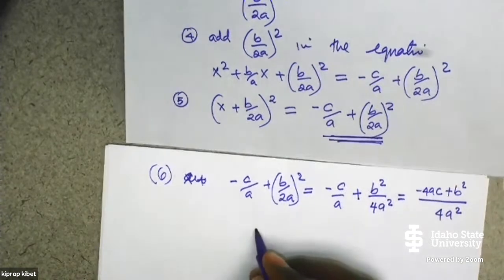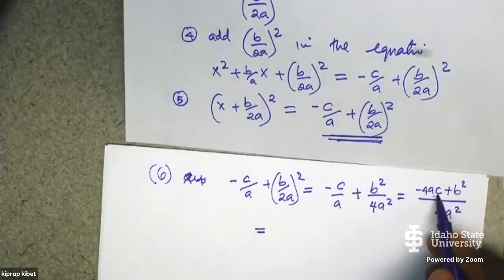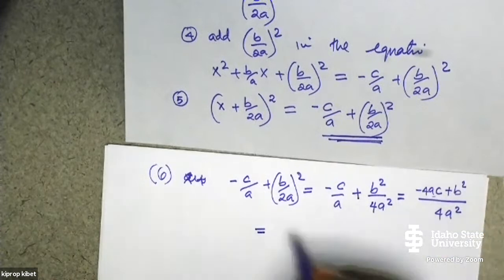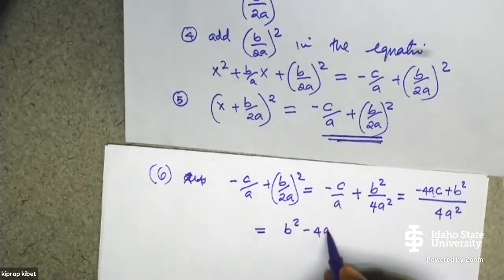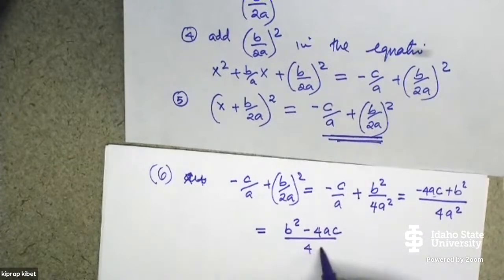So this can be written as b squared minus 4ac all over 4a squared.